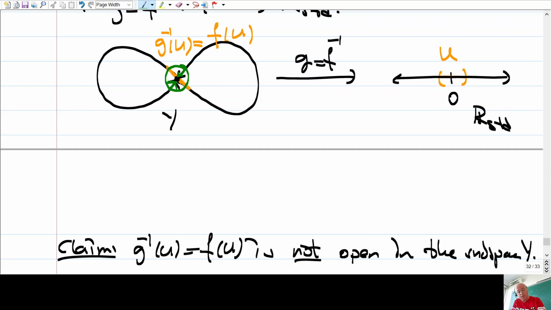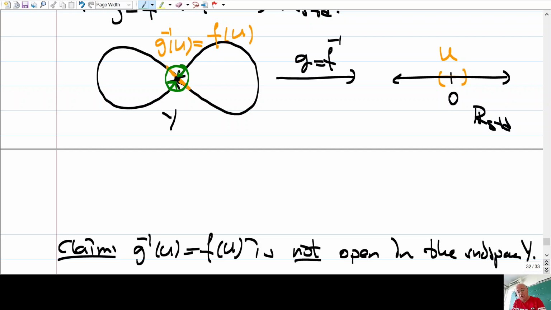Okay? Let me say one more time. If this orange piece, f of u, were open in the subspace topology, then this orange piece would be the intersection of an open set in R2 with figure 8. But any open set containing this orange piece contains the origin, and if it contains the origin, then there should be a ball around that origin which lies in that open set.